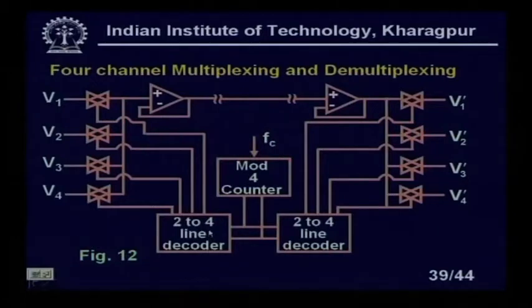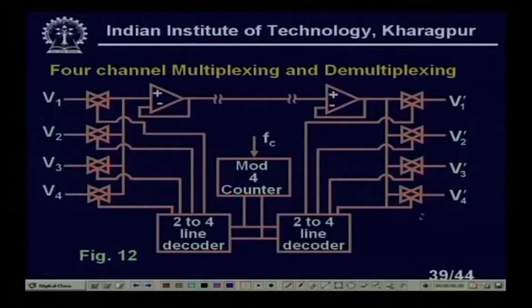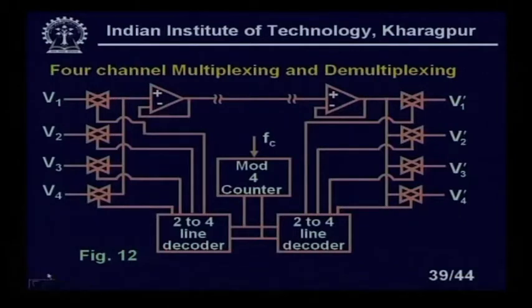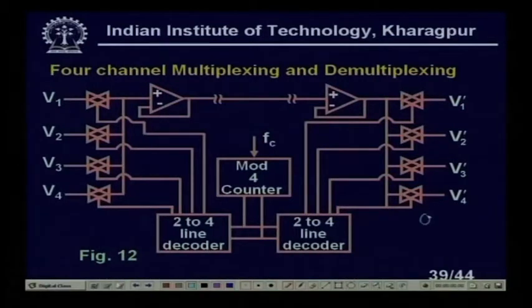We have 2-bit signals, and in 2-bit signals the different states are 0 0, 0 1, 1 0, 1 1.